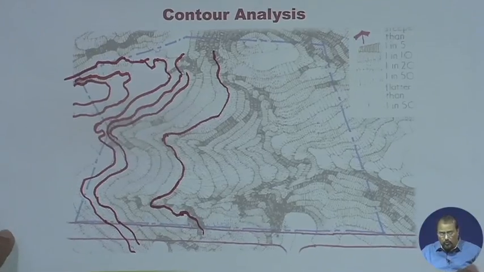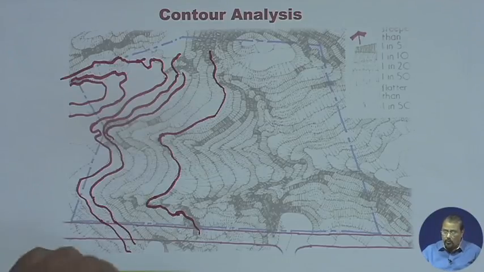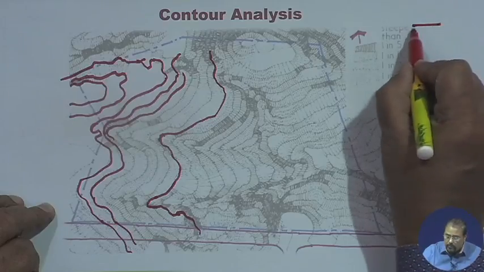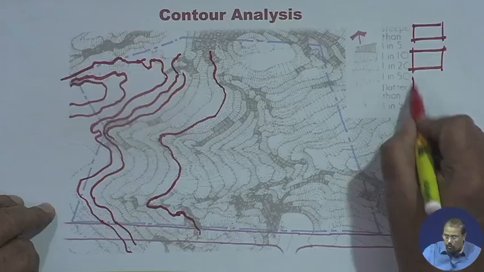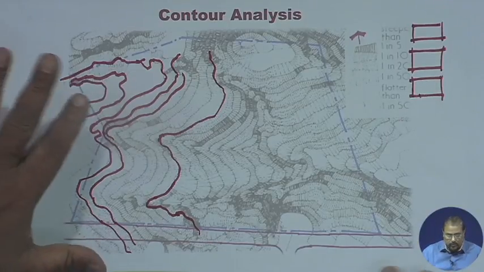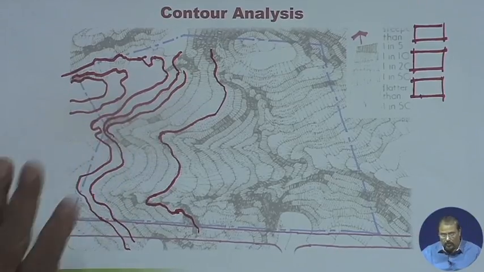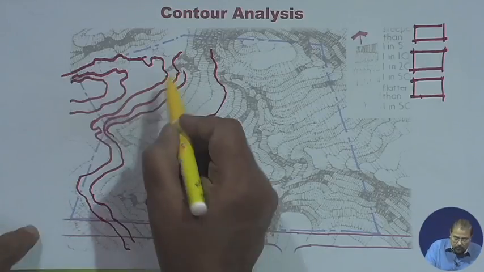Now, how do you go for this contour analysis and what will it give you? In contour analysis, you make a specific legend, where every level is drawn on this particular box, and each of these contour plates has a different color. An example, let me show you on this.